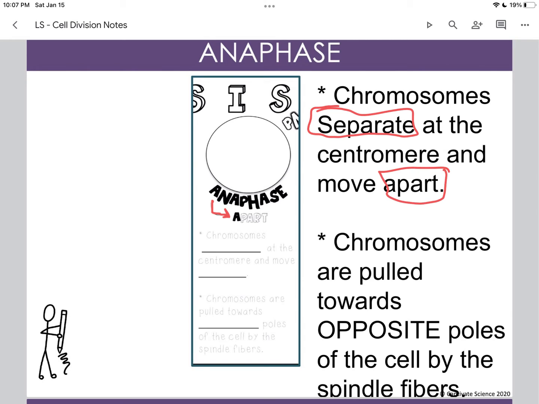You're writing the word apart. And then chromosomes are pulled toward opposite, so you're writing this word opposite, poles of the cell by the spindle fibers. So the spindle fibers is what is actually helping these chromosomes come apart.